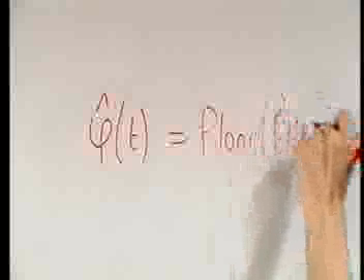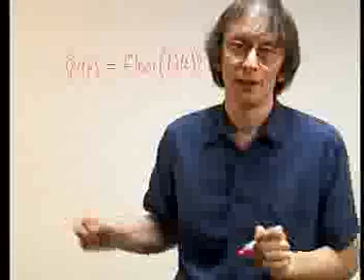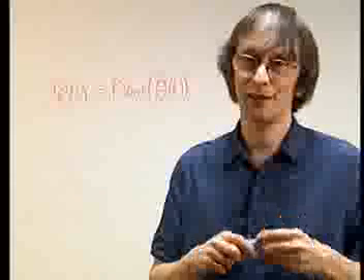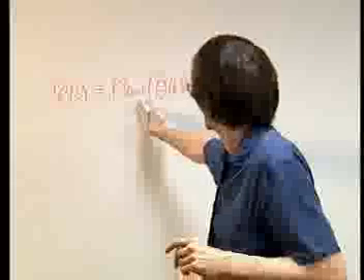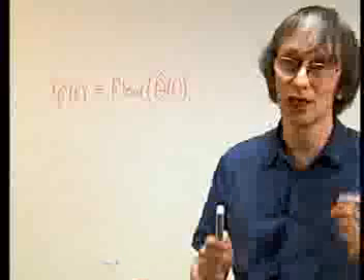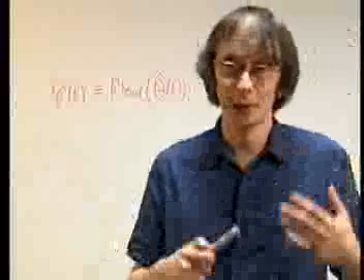Now, floor is the function that takes any real number to the nearest integer less than or equal to it. Since this function is initially defined for real numbers, we have to be careful about what we mean by applying it to an observable. This brings us to our first encounter with the algebra of observables.